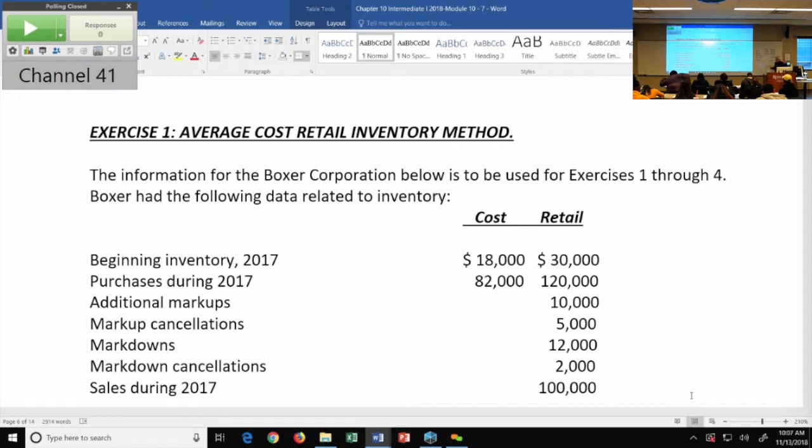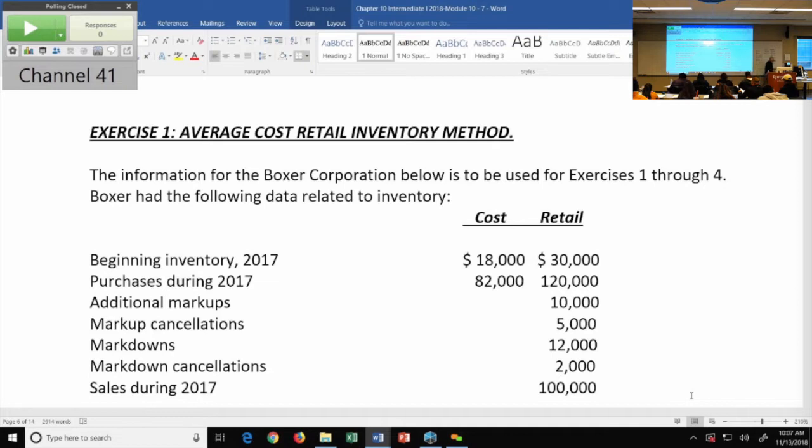Now, we are going to look at the retail method as a way to emulate or mimic actual cost flow. So the first one we're going to do is average cost. We call it the average cost because it averages everything into the cost to retail ratio.